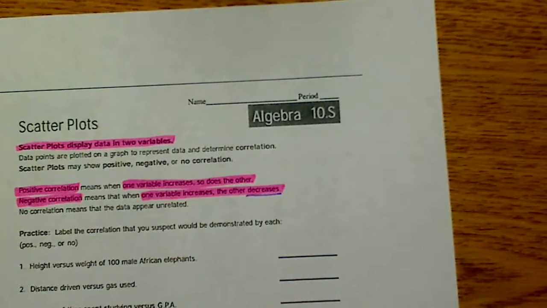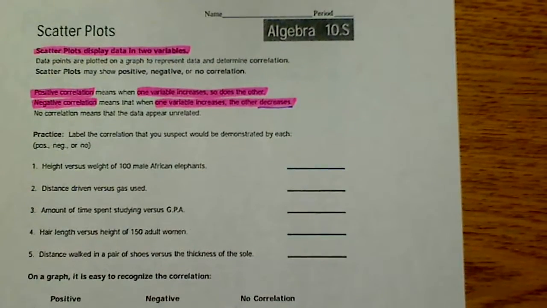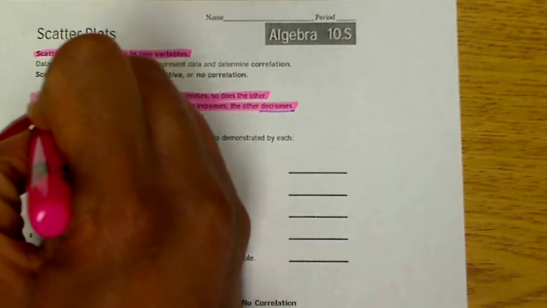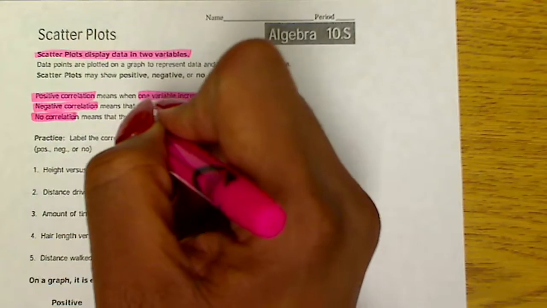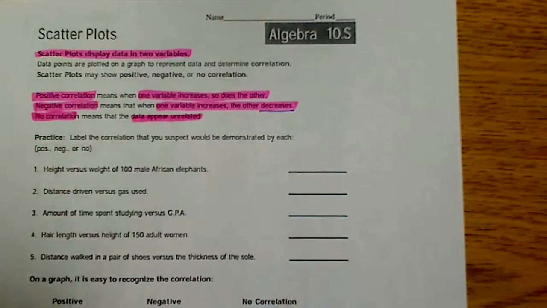So, the more I drive, the less gas I have in my car. It's negative correlation. And no correlation means the data appears unrelated.